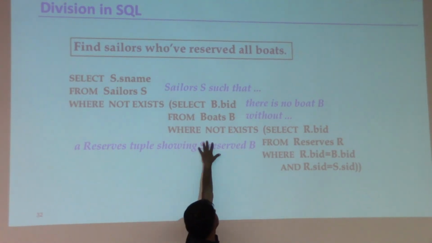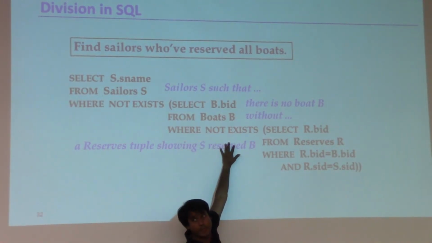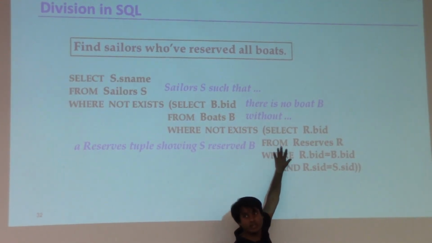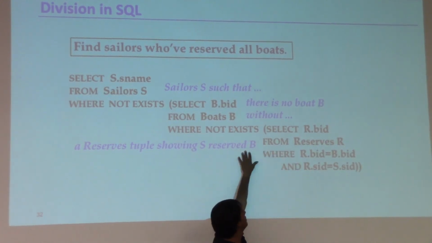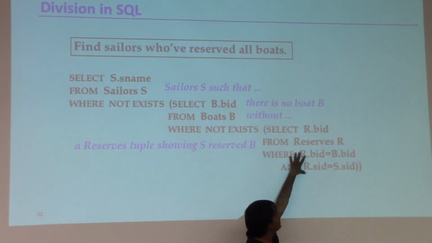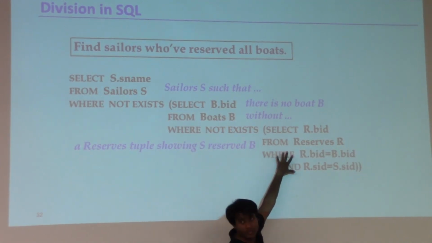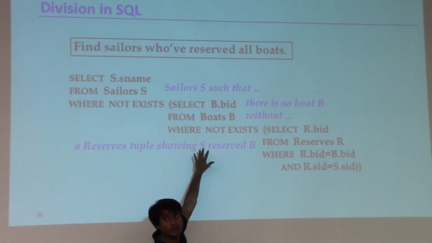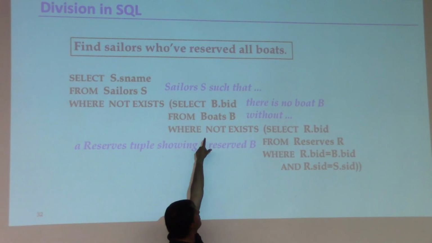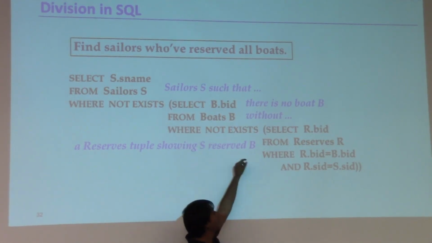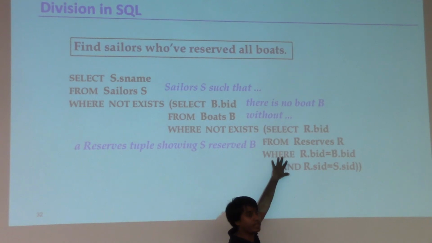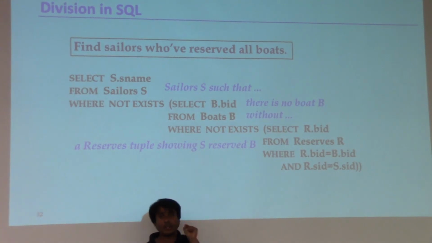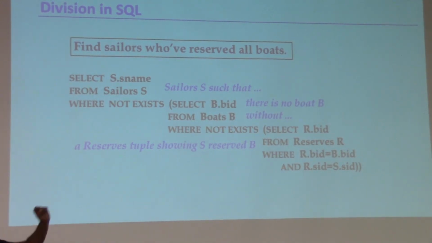Now see, it says not exists. If this statement is null, this part is empty, then this part becomes true. You got my point? So for any particular boat that has not been reserved by that seller, it will come over there.